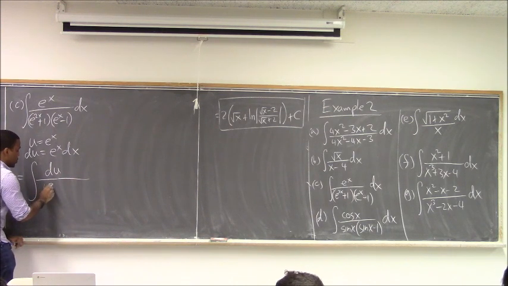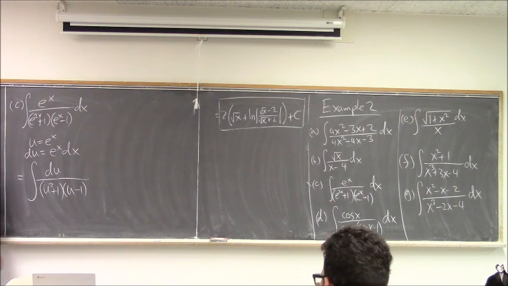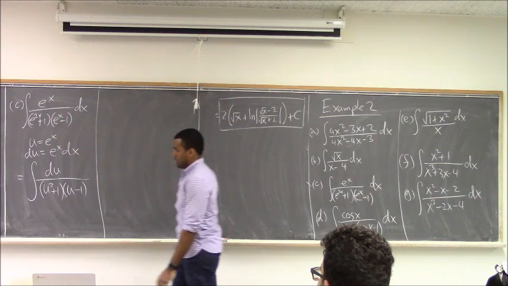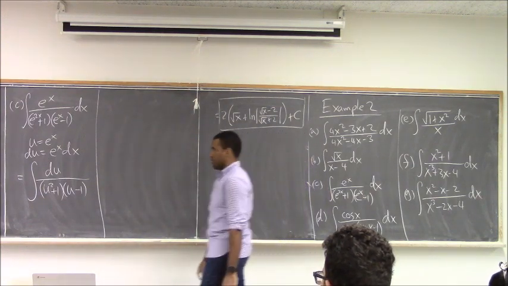So we have u squared plus 1, u minus 1. Now what?